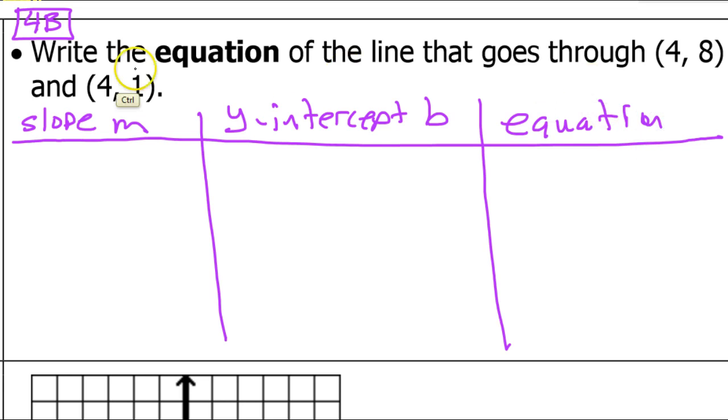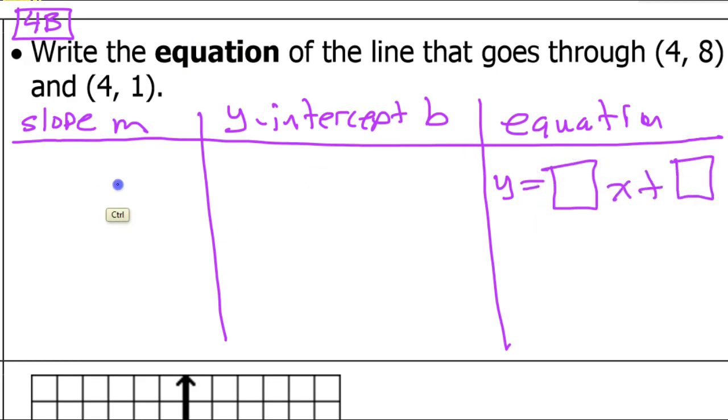Just at a glance, I see 2 points, so I'm writing the equation. I say y is equal to something x plus something. This is what I would normally do. But when I go to calculate the slope, look what happens.